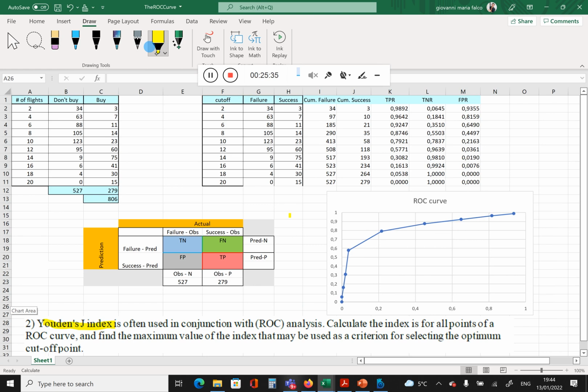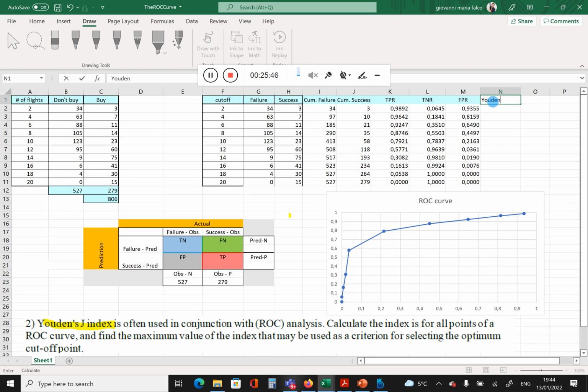And this is very easy because we have already the columns here ready. Just use the definition. Youden J is equal to, according to the definition, the difference between the true positive rate minus the false positive rate. Okay, and here as well I can extend the calculation.